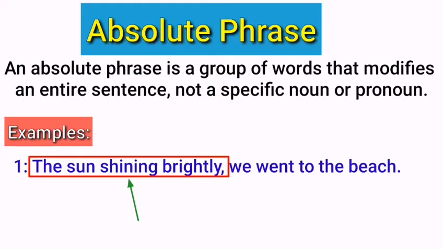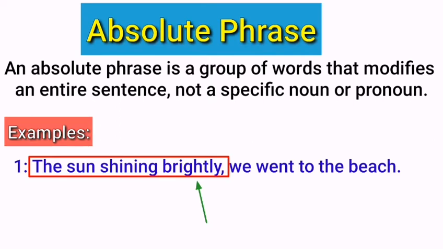And the third point was, it would have either a modifier or an object, so, here the word, brightly, is a modifier. And the last and main point was that it would modify a whole sentence. So, you can see, it modifies the whole sentence.